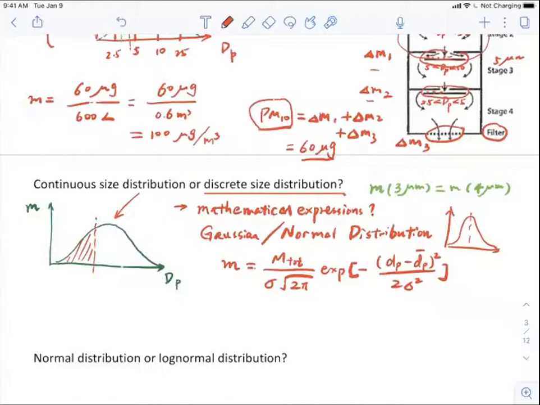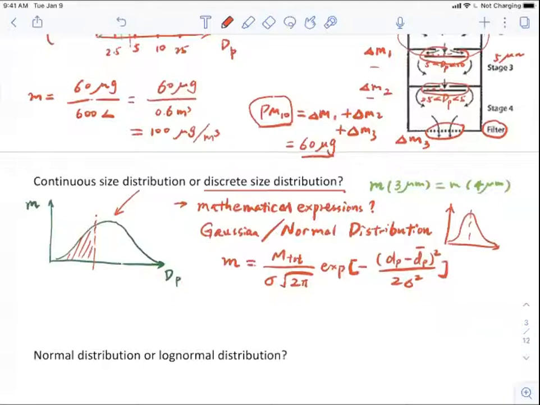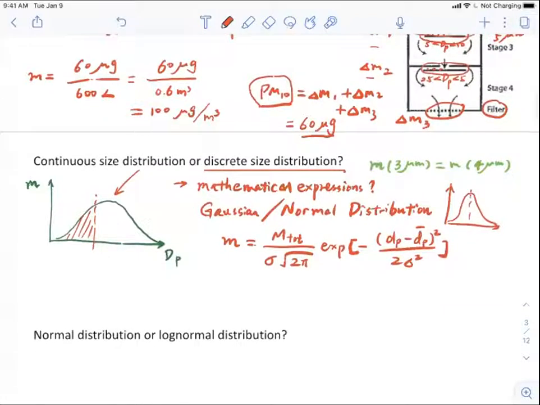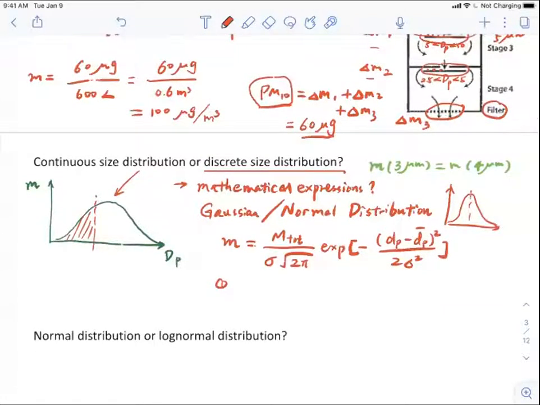And I think you probably have already taken this class when you took undergrad mathematics, statistics, right? So this is a pretty elegant way to show the continuous size distribution. But there are two problems with this equation, okay? The first thing is that there's going to be a range that doesn't make sense at all.